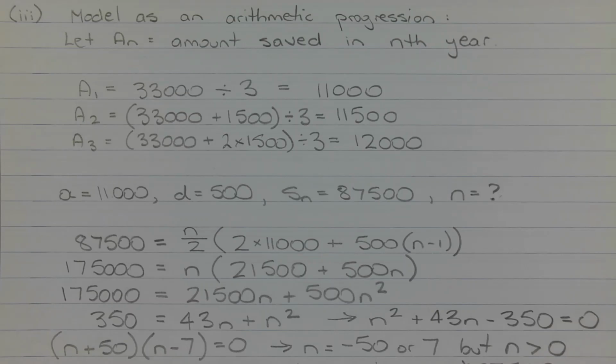So using the arithmetic series sum formula and substituting 11,000 for a, 500 for d, and 87,500 for Sn, we get 87,500 is equal to n over 2 times (2 times 11,000 plus 500 times (n minus 1)).